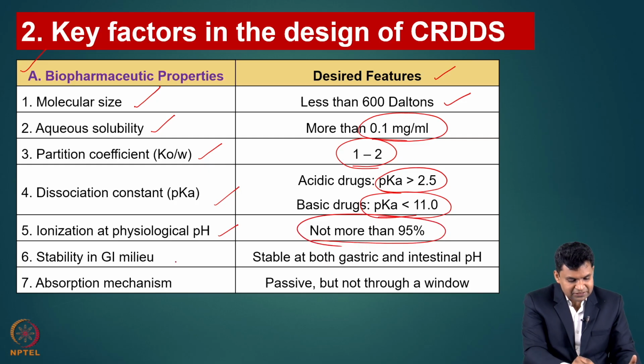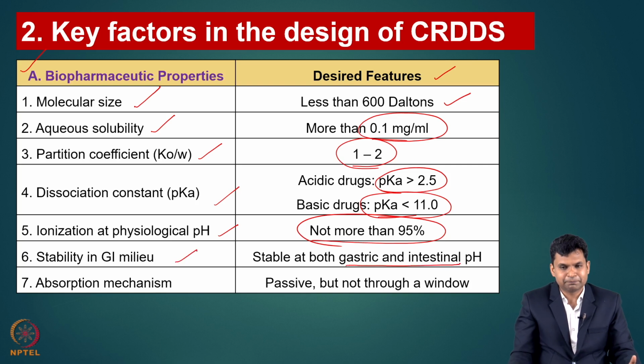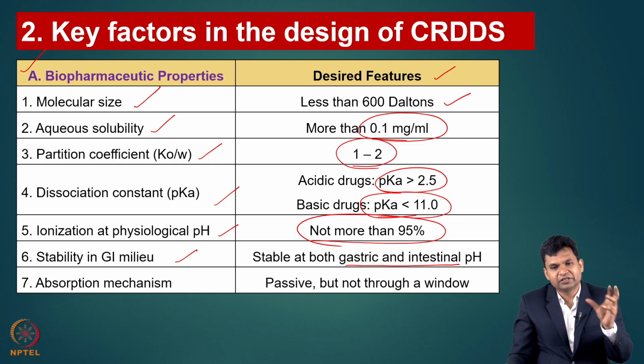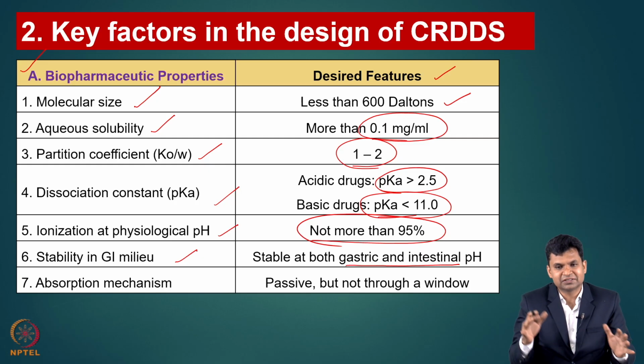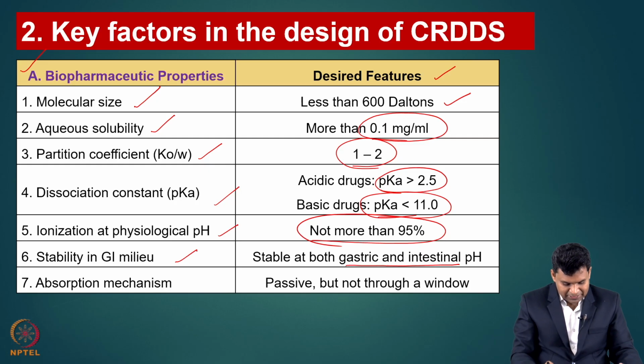Then stability in the GI media, which should be stable in both gastric and intestinal pH. If your drug is not stable, we need to design various strategies like enteric-coated formulations. With that, we can avoid the acidic degradation. If your drug is stable in both gastric and intestinal pH, you no need to convert the drug into the desired form.